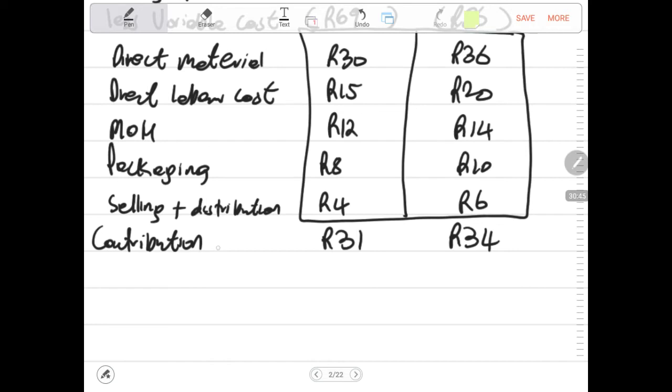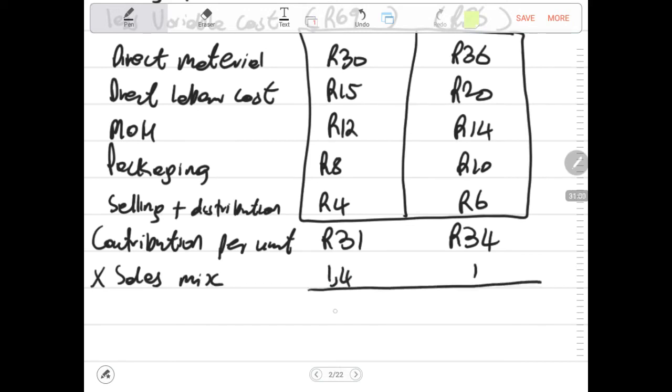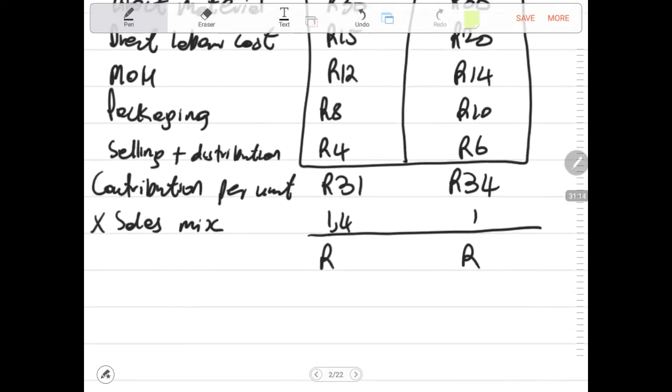Contribution per unit. We multiply this by the sales mix, which is 1.4:1. I hope you remember that one. Then we will get to our weighted average contribution per unit.